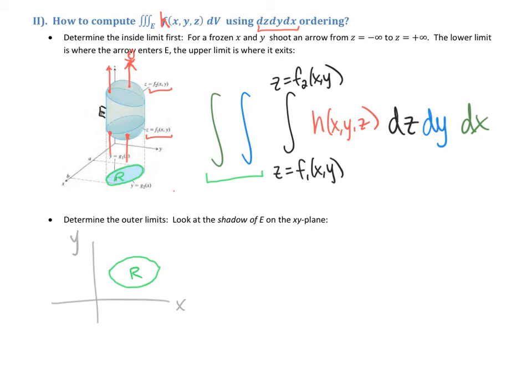So let's suppose that this bottom function here was g1 of x, and suppose that this top function is g2 of x, and then since I'm trying to integrate next with respect to dy, I'm going to shoot an arrow parallel to the y-axis and look at where it enters and where it exits my region.